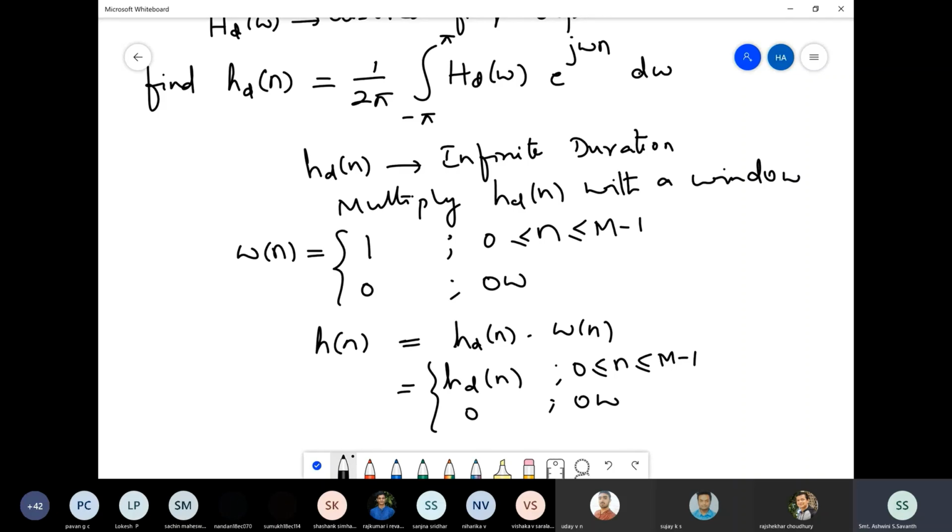Before that, let us perform some of the analysis in the frequency domain, and also see the different kinds of windows available to us. It's not only the rectangular window that we can use. There are other kinds of windows as well, which reduce the ripples that happen in the passband and the stop band because of multiplying with the window function.